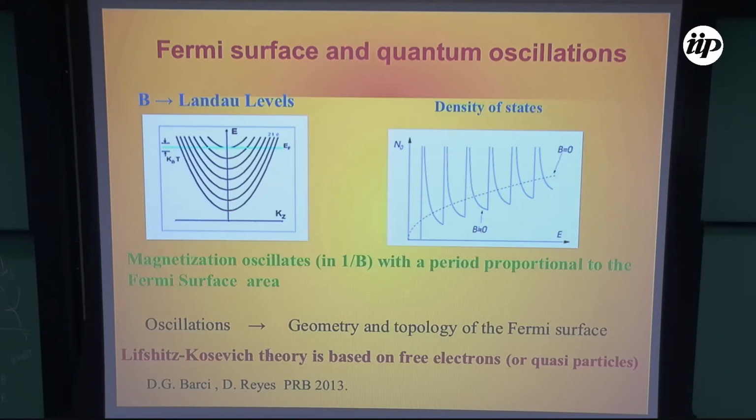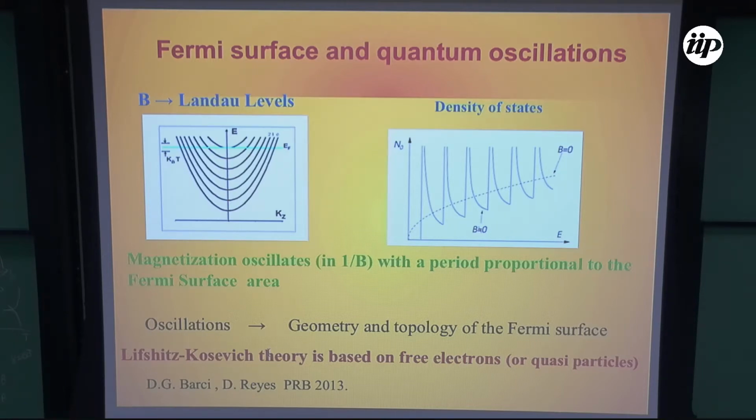And of course, any observable that depends on the density of states will oscillate with the magnetic field. This is a quantum oscillation, essentially. In particular, the magnetization oscillates with this function, 1 over B, and the period of this function is proportional to the Fermi surface area.